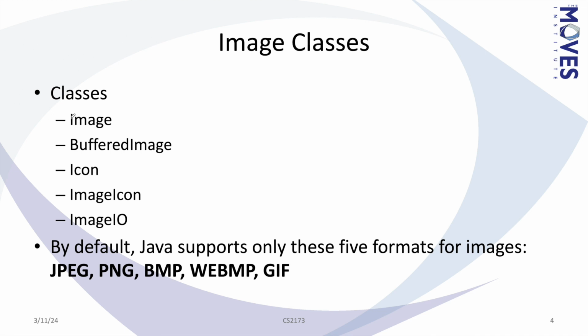There are a whole bunch of classes to deal with, but there's the Image class, and the BufferedImage, which is a subset of that. If we only deal with plain images, then for very large images, if you try to suck in all the bits at once, that usually is not the way to go.